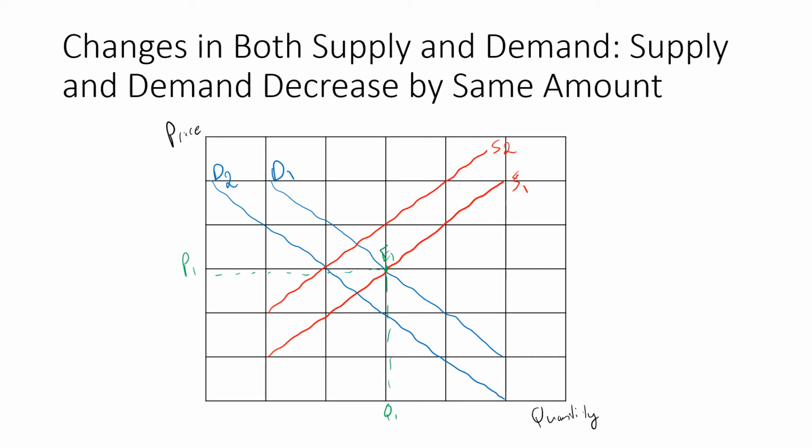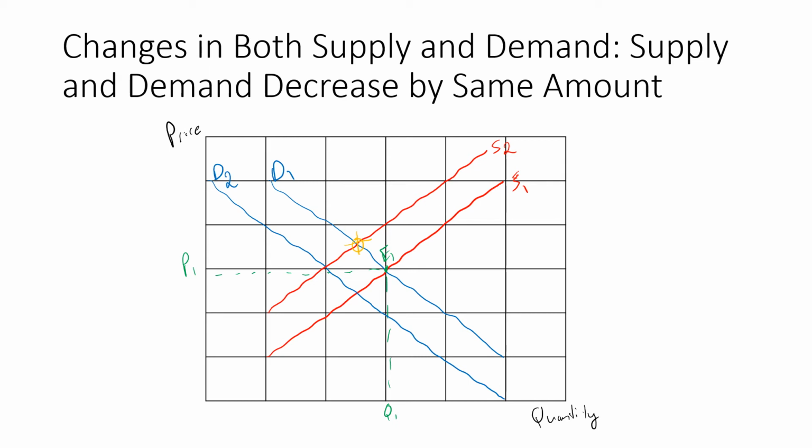Now here's the tricky part. To find our new equilibrium point, we have to look for where D2 crosses S2 when we have movement of both supply and demand. If we were to choose this point here, that would be wrong, because that is where D1 is intersecting supply 2, and we're looking for the new price when supply and demand have both changed.